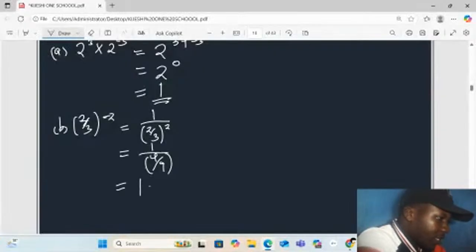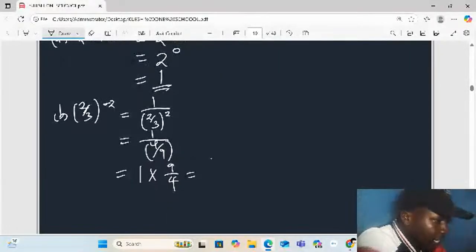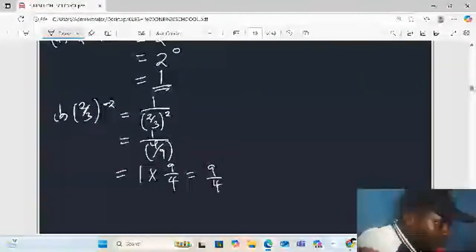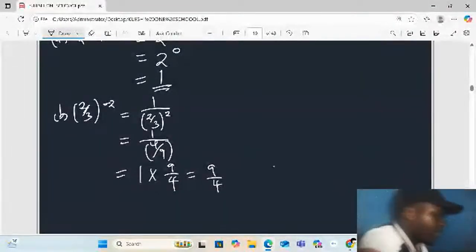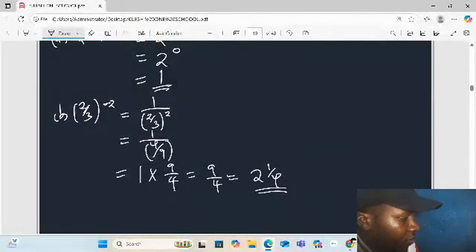You simply take 1 times the reciprocal of the fraction, which is 9 over 4. So 1 times 9 over 4 gives 9 over 4, which is the same as 2 and a quarter. That now becomes your answer for that question.